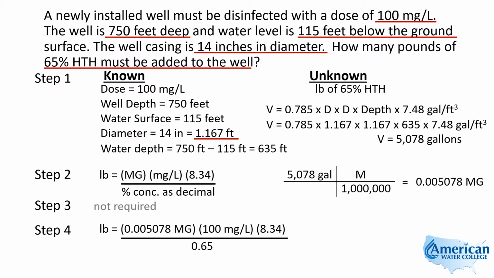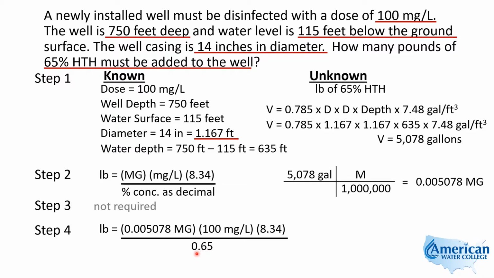So my pounds of 65% HTH will equal 0.005078 million gallons times the dose of 100, which they gave us, times 8.34, divided by the concentration as a decimal, 0.65.